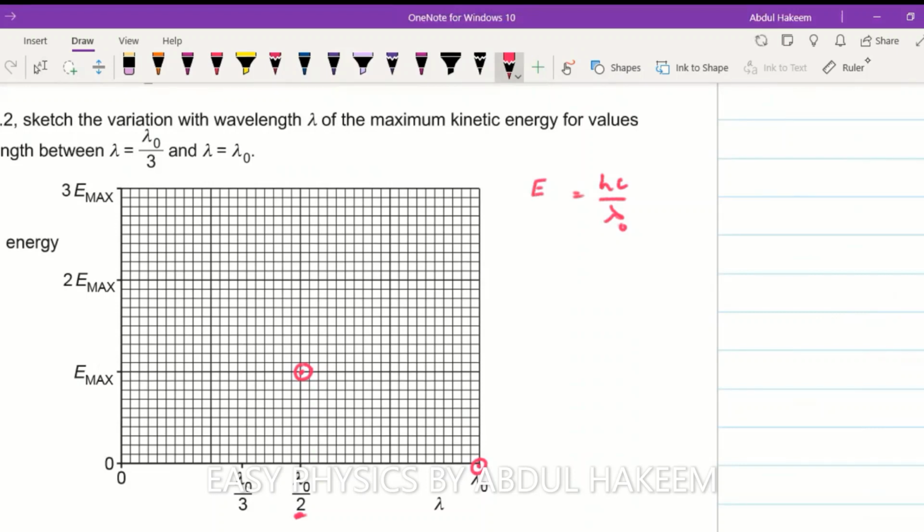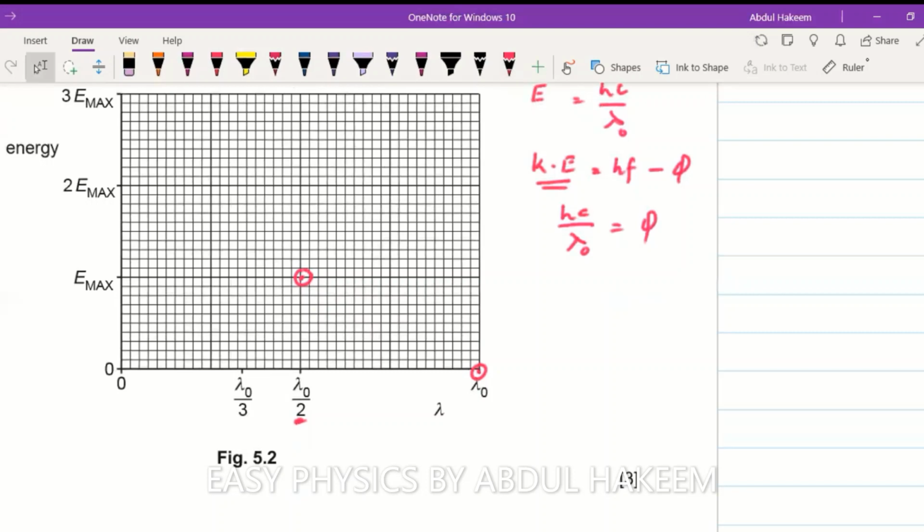The equation is kinetic energy is equal to hf minus work function. When there is no kinetic energy, this hf, hc over lambda naught, is equal to the work function phi. This is the threshold wavelength, and this is the work function.